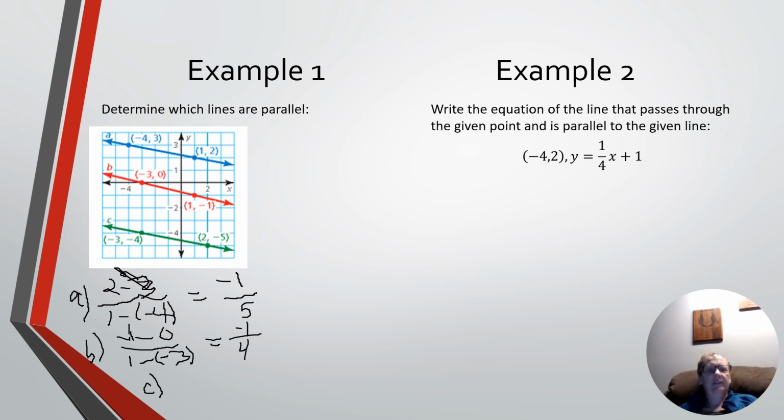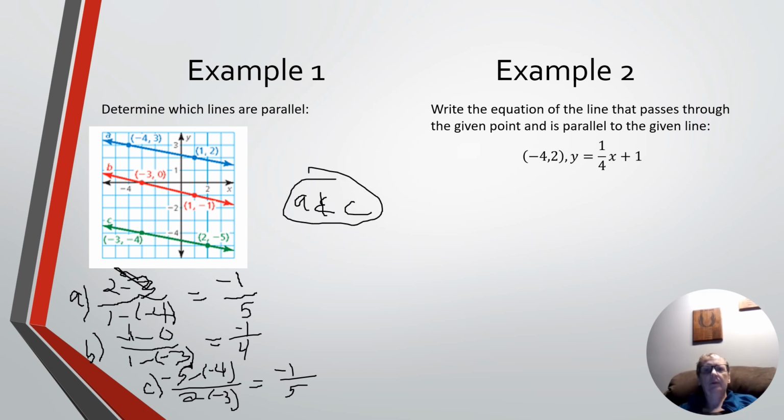For C, I have the change in y is -5 minus -4 all over 2 minus -3. So -5 minus -4 is -1 again. 2 minus -3 is 5. So my ones with equal slopes are A and C. So those are my parallel lines. And that's all there is for number 1.